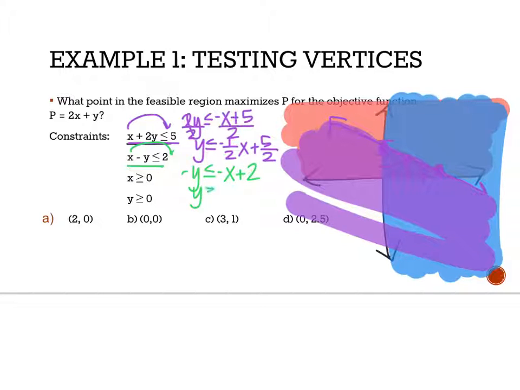So positive y must be greater than or equal to positive x minus 2. So my y-intercept is going to be negative 2, put a point. Slope is positive 1 over 1, up 1 over 1, up 1 over 1. And I see this line. And I'm going to shade above that.